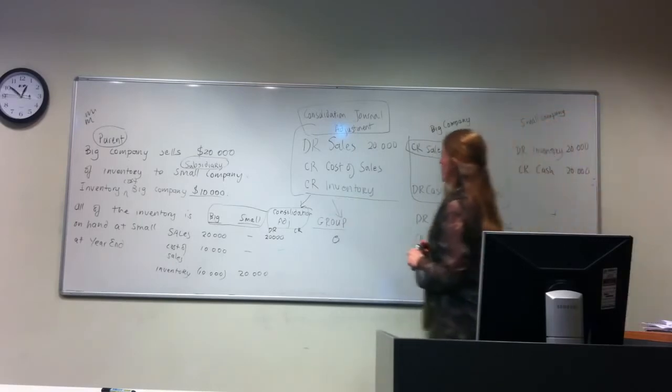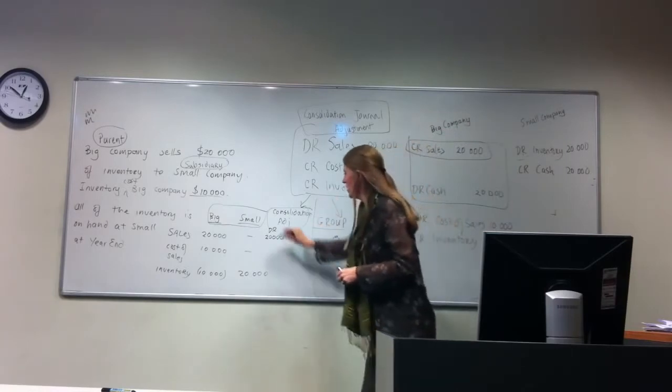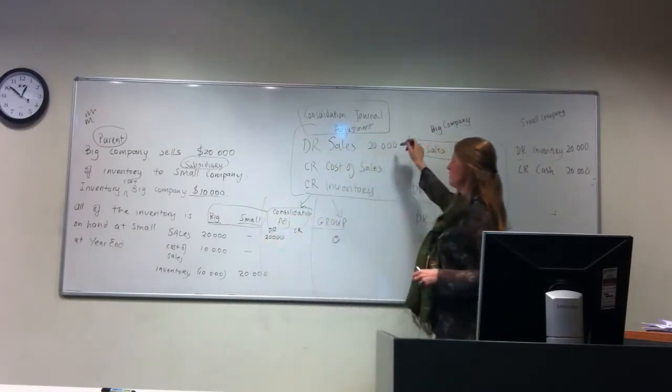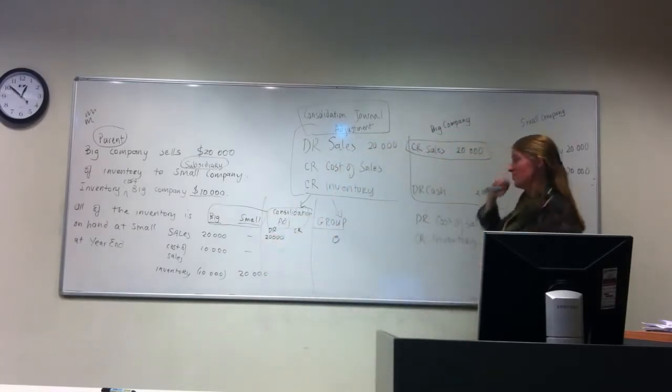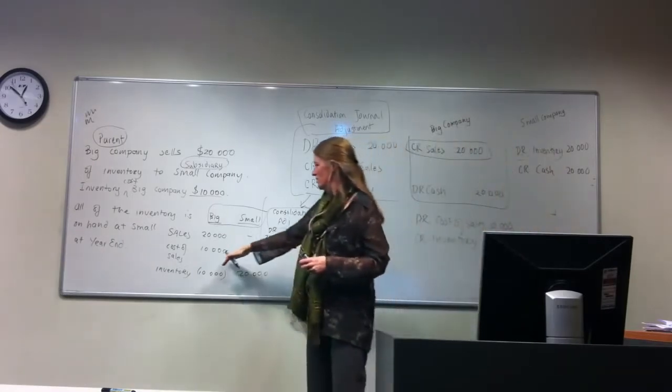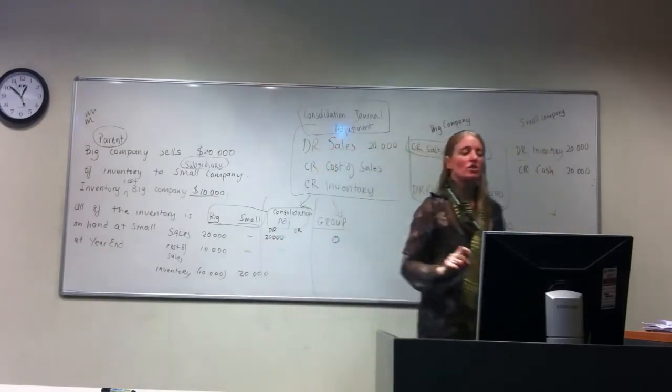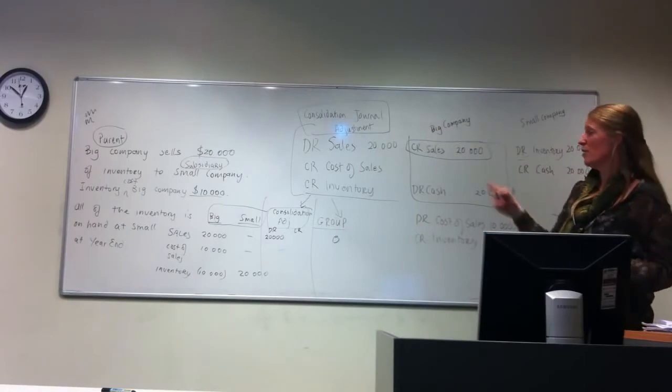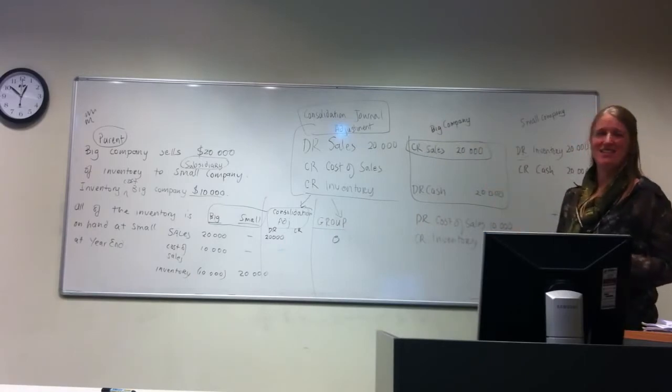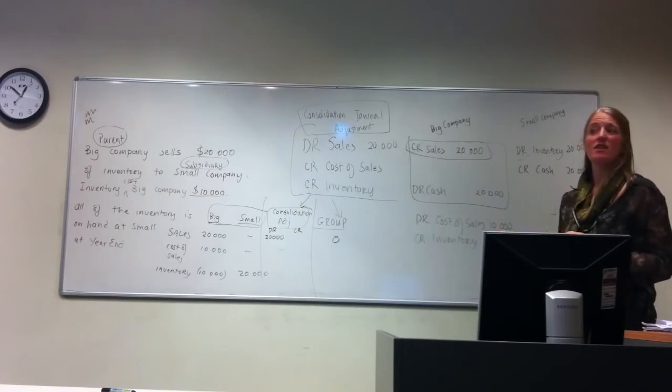So our first consolidation adjustment which goes in that worksheet is debit sales 20,000. We've then got cost of sales. Okay. What should the cost of sales be for the group, assuming that that was the only transaction that's taken place? What should it be? Has any sale taken place outside of the group?